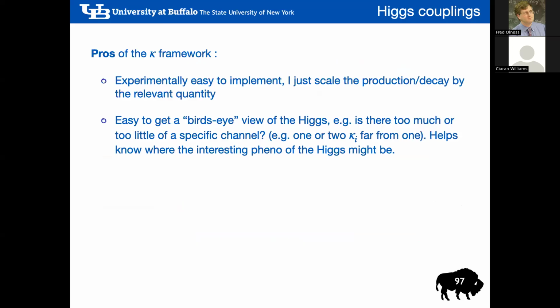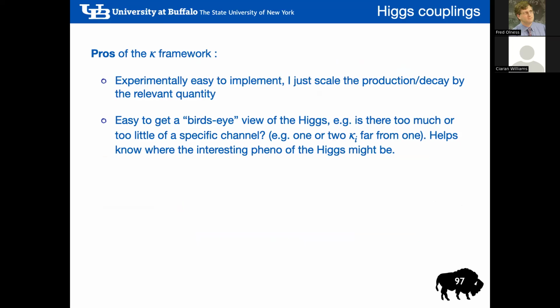So what's good about this framework? What's the pro about it? The first thing is that it was done in the early days of the LHC because it's experimentally easy to implement. You've got your Monte Carlo for the signal, you just scale it. So you have a very easy to use tool to make your comparison between theory and data. It's also useful to get a very quick understanding of how the Higgs is working.